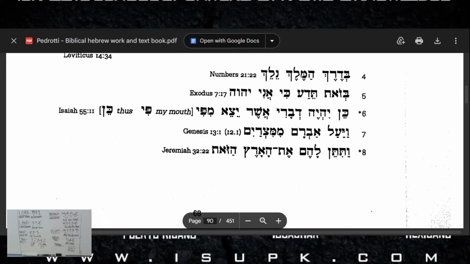Isaiah 55 and 11. "So shall my word be that goeth forth out of my mouth. It shall not return unto me void, but it shall accomplish that which I please, and it shall prosper in the thing whereto I sent it."